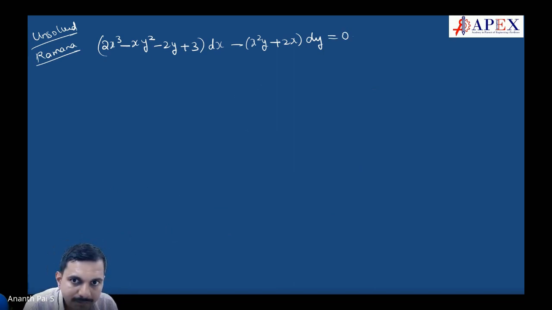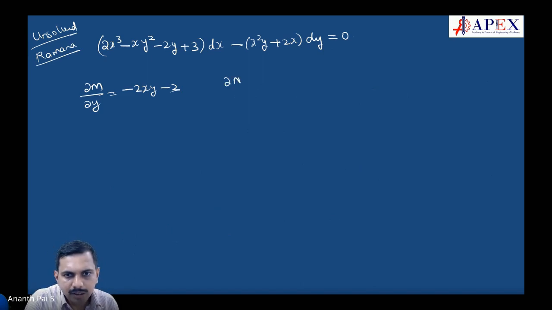Let us solve this. What is M? What is dou M by dou y? Dou M by dou y is equal to minus 2xy minus 2. Dou N by dou x would be again minus 2xy minus 2. So it is the same, so it's exact. Fine.